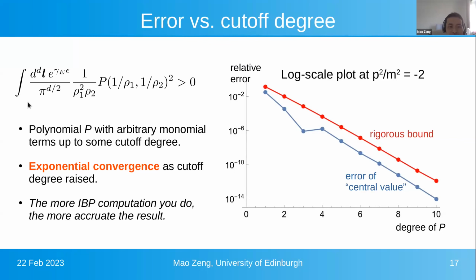But this exponential convergence actually comes with quite a bit of a computational price, because the computational cost doesn't scale linearly as I raise the cutoff degree. Specifically for me, this integration by parts reduction will be quite demanding. And of course, there are also computational resources used in solving the semidefinite program.